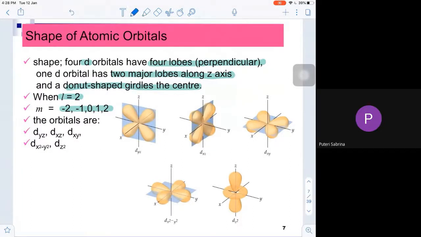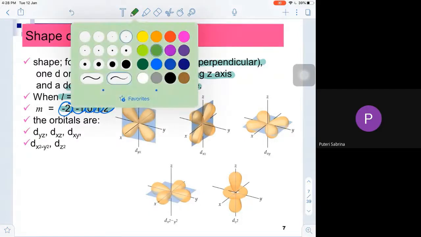Since we have 5 ml values, we will have 5 orientations of the d orbitals in space, which correspond to dyz.